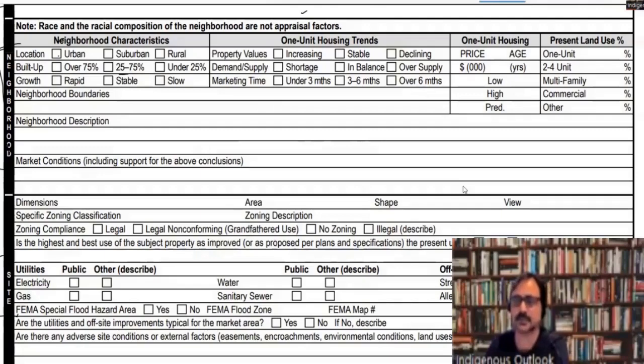In a suburban area, speed again could be rapid, but that needs to be justified by the appraiser. There is a possibility in a suburban area that two world universities have been set up. What will happen? Building growth will rapidly go to the top. Builders will be making buildings and selling them.